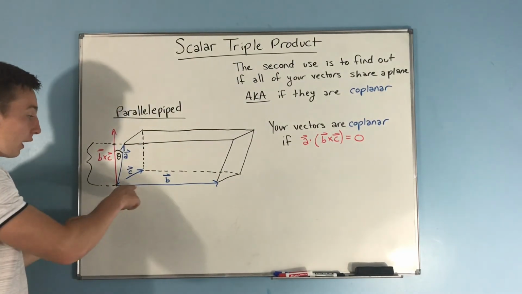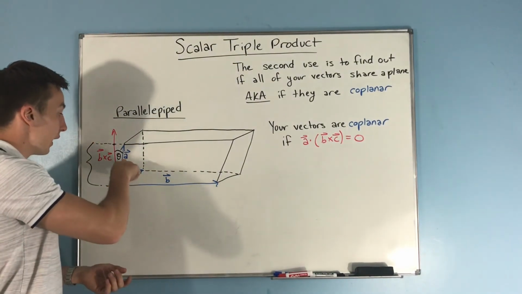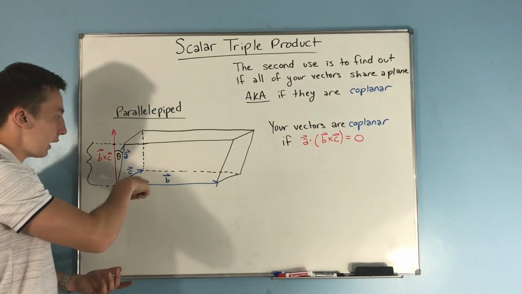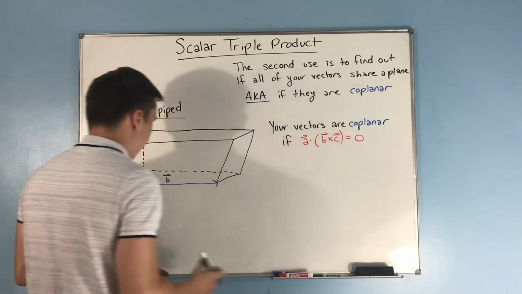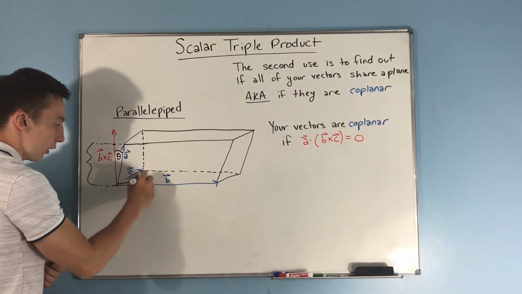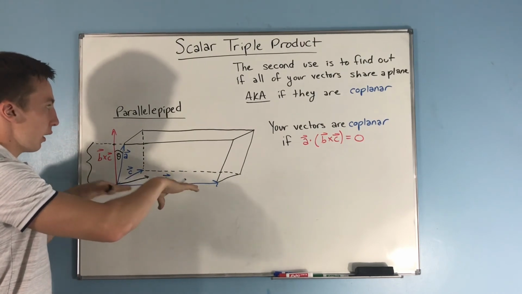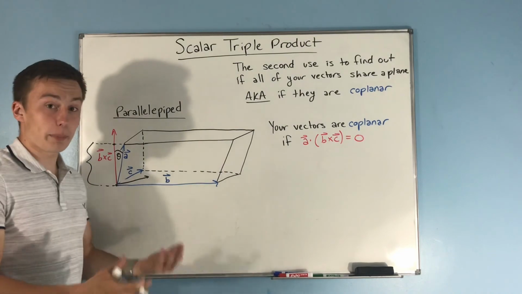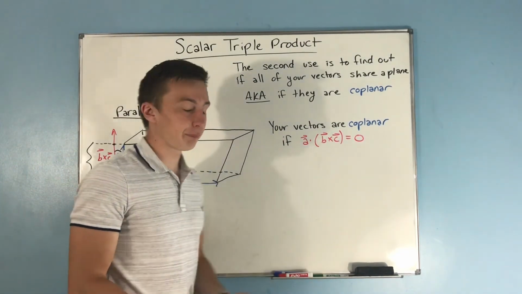That's orthogonal to both B and C. So if A is orthogonal to B cross C, that means that it's on the same plane as C and B. You would have your A going out somewhere in this plane. The base of the parallelepiped would become your plane, and again, your vectors would be coplanar.